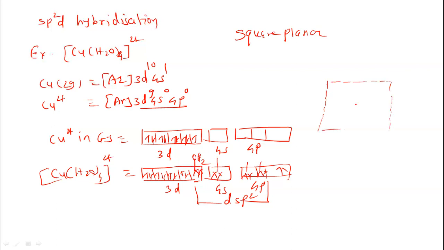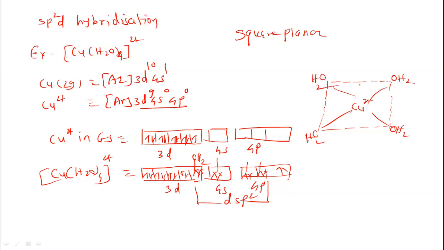This is copper 2+, and the electrons donated by the 4 water molecule ligands will be here. So this complex ion has square planar geometry. With the help of the hybridization, we can explain the square planar geometry.